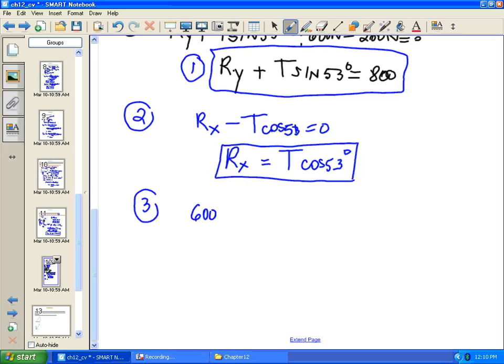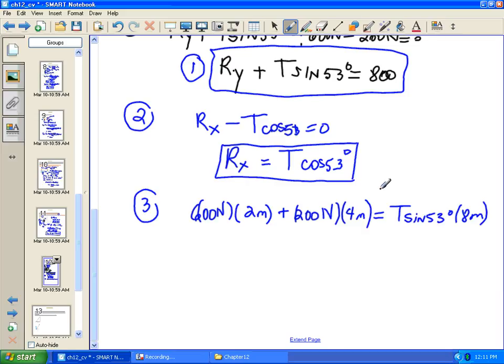Clockwise torque: 600 newtons, the weight of the man, times his distance from the axis of rotation, 2 meters, plus 200 newtons, the weight of the board, times its distance from the axis of rotation, equals T sine 53 times 8 meters, or T times 8 meters sine of 53, same thing.